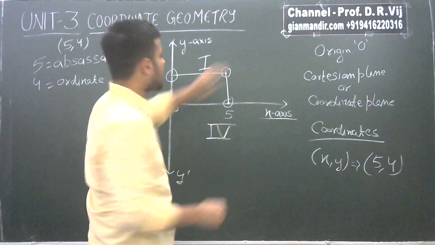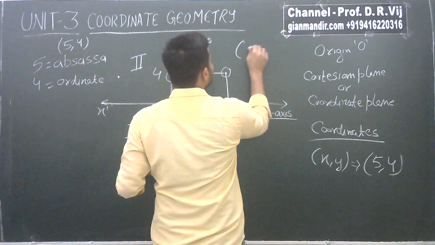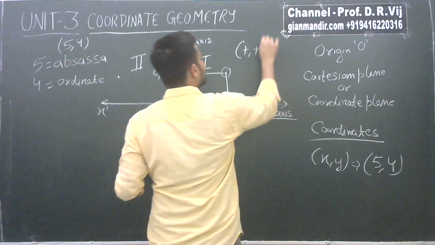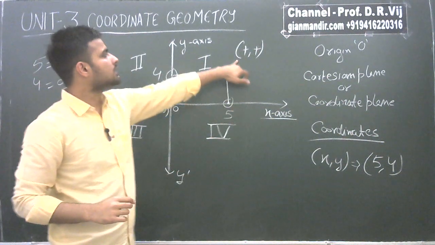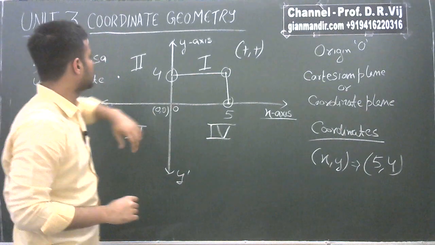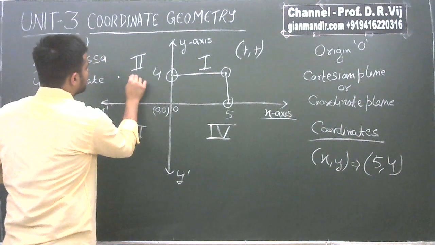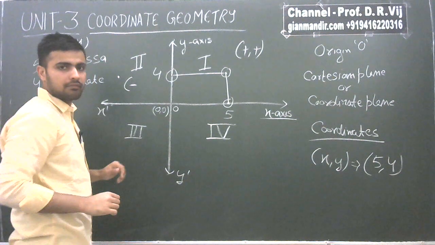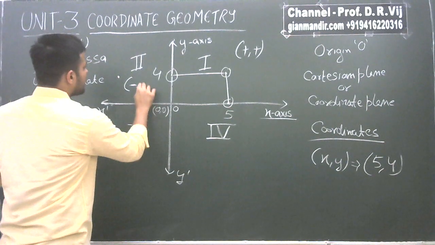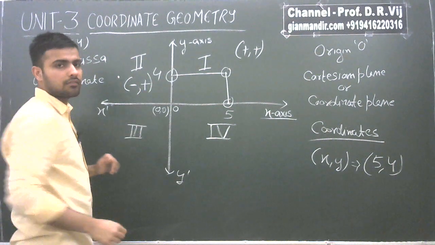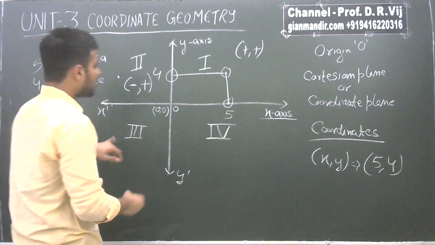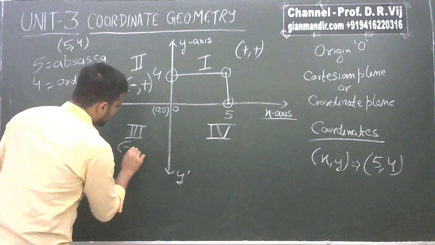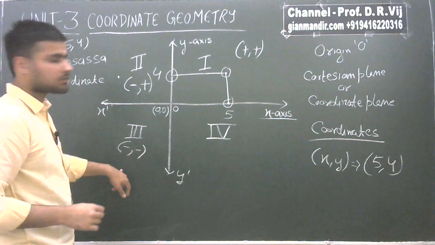In the first quadrant, signs of abscissa and ordinate are positive and positive. X is positive and y is also positive. In the second quadrant, x is negative, abscissa is negative and ordinate is positive. In third quadrant, both are negative, minus and minus.